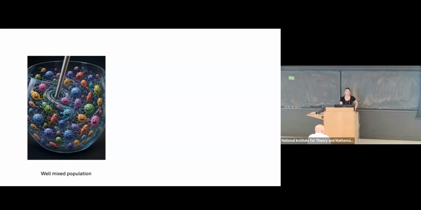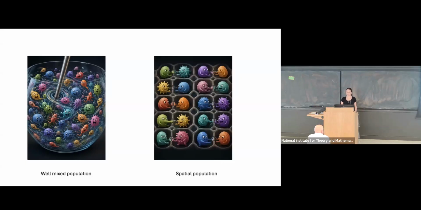So this is a well-mixed population that is evolving. Most of evolutionary theory has been done for this because it gives rise to beautiful mathematics, and you can actually solve a lot of it. As opposed to this, we have spatial populations where individuals know who their neighbors are and they interact with their nearest neighbors or next nearest neighbors, their neighborhoods.